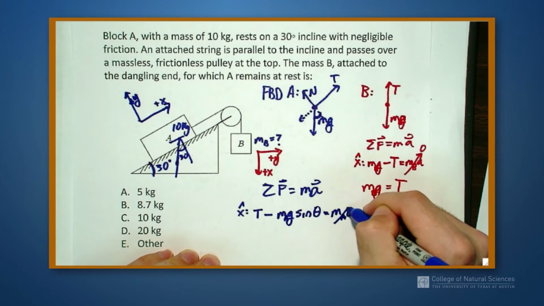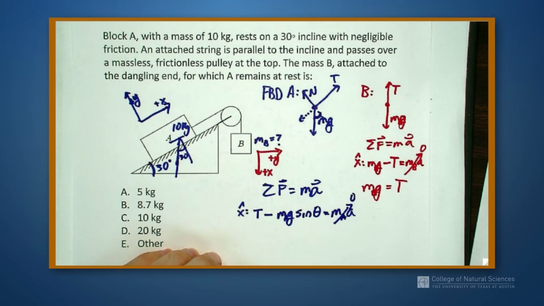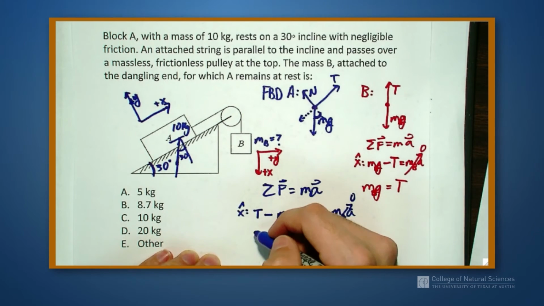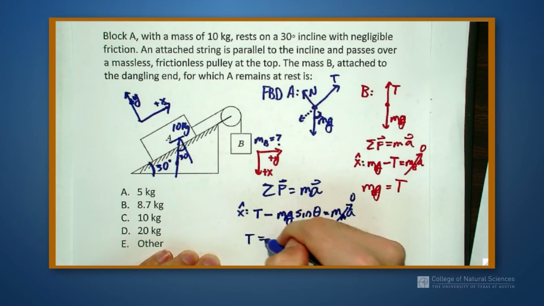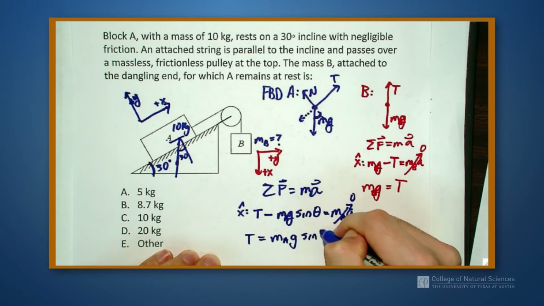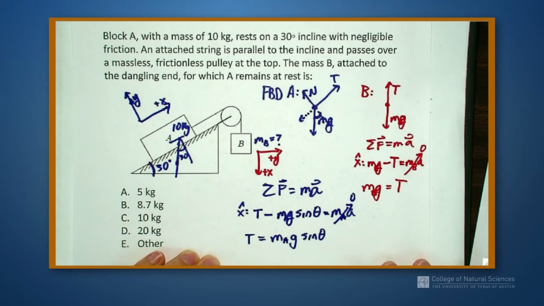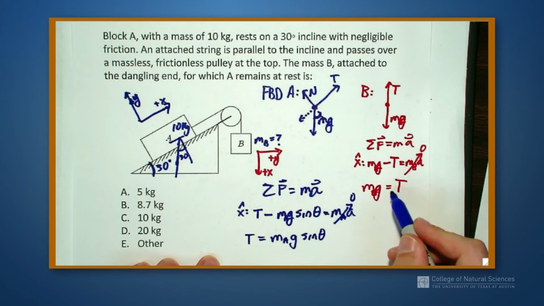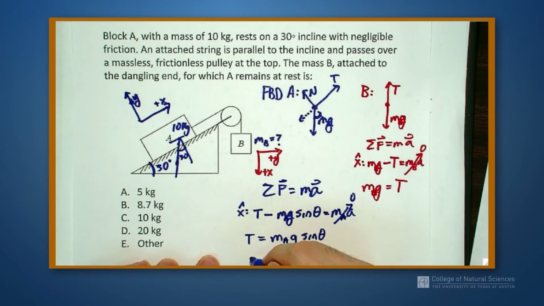And again, we know this guy is not moving. So this just says that I get the tension is equal to mAg sine of theta. And I know what T is, so I can plug in T. And T is mB times g, which is equal to mA times g times the sine of theta.